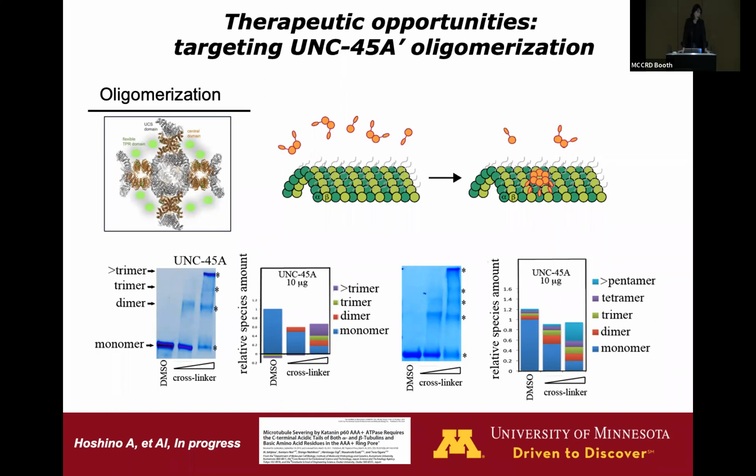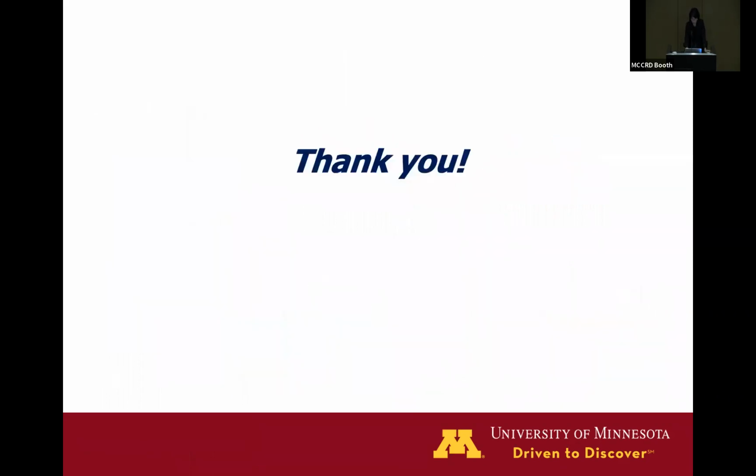So the idea is that if we can understand which areas of this protein are required for oligomerization, and we can prevent either oligomerization to start with, or can prevent the binding of the oligomers on microtubules, depending on whether ANC45 oligomerizes before or after binding to microtubules, then we could potentially, theoretically, be able to target ANC45. And that was my last slide. So I'll be happy to take your questions if you have any.